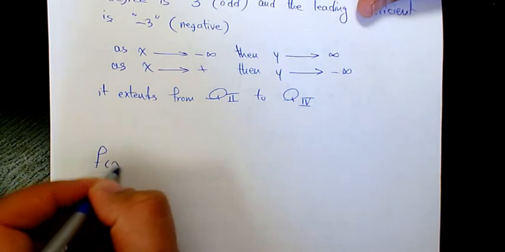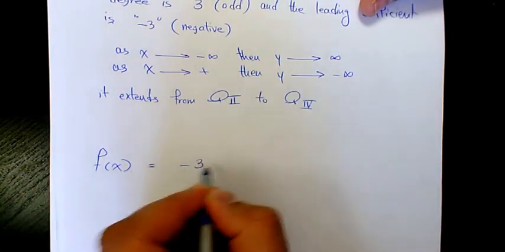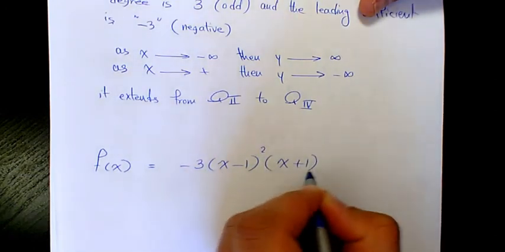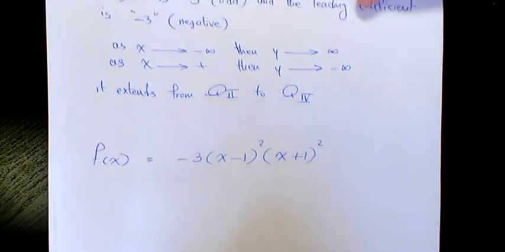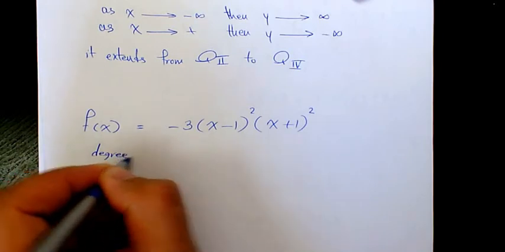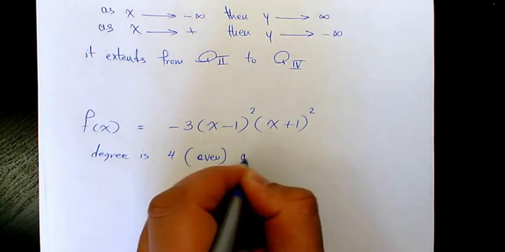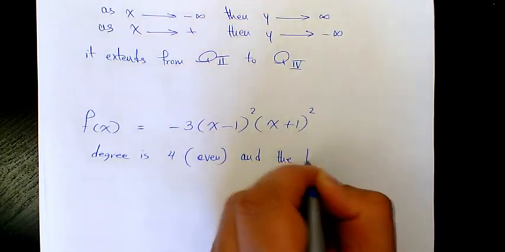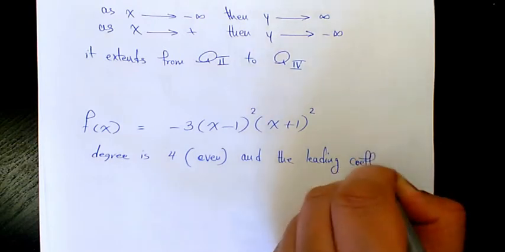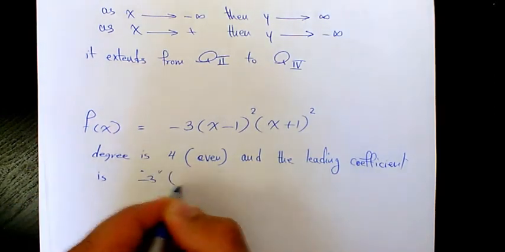Now let's take a look at this example. If you have negative 3 times (x minus 1) to the power of 2 times (x plus 1) to the power of 2, in this case the degree is 4, an even number, and the leading coefficient is negative 3, so it's negative.